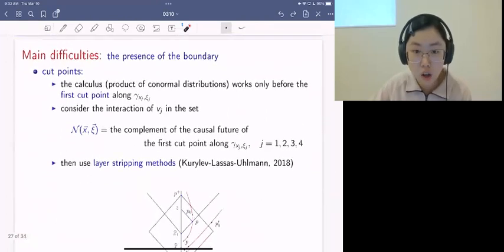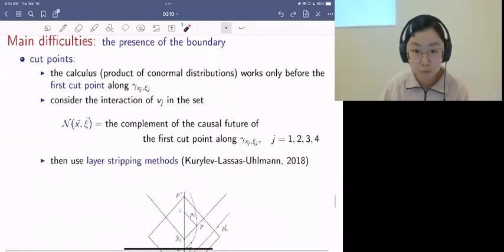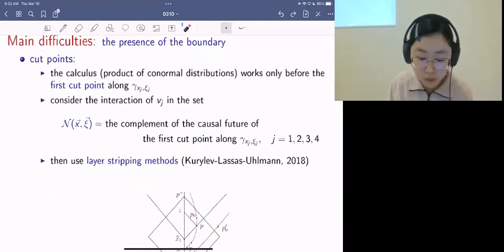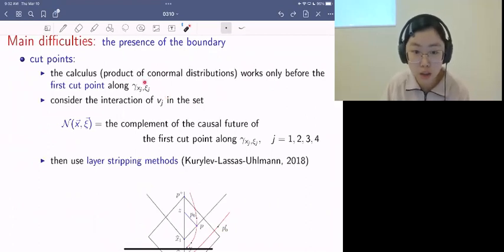Another difficulty is caused by the cut point. Recall that the distorted plane waves we construct are conormal distributions from the source only before the first cut point.